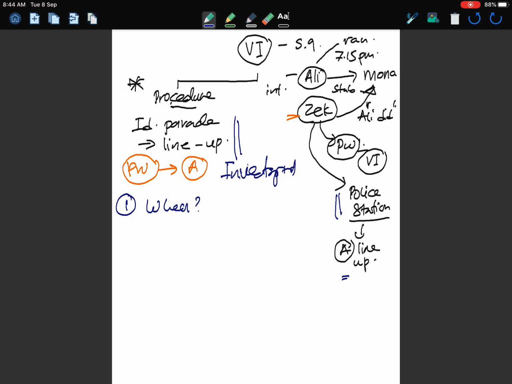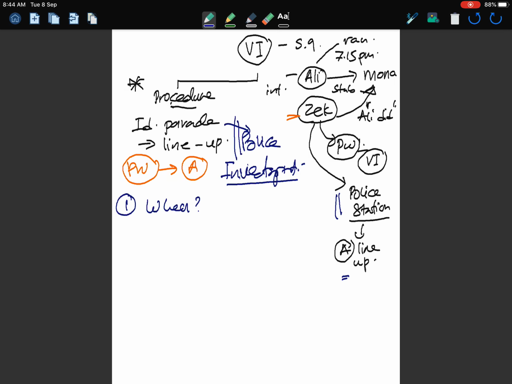Okay, before that, bear in mind, the issues of identification parade will always happen at the investigation stage. So this is a stage where the police is still gathering evidence, and one of the evidence that police have to gather is the identity of the accused person.